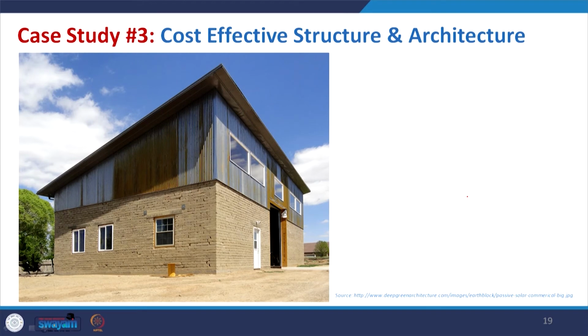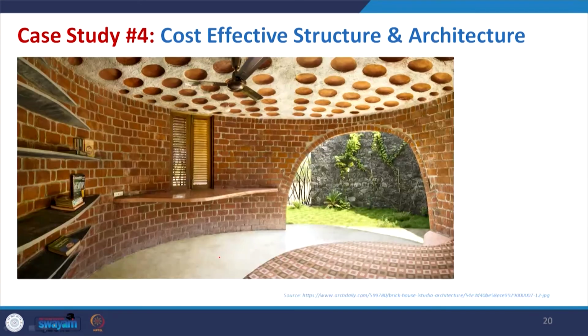Similar to that, like use of corrugated sheet or some steel and then compressed blocks. So, we can get a very beautiful architecture, and definitely we are not talking about high rise buildings where a mechanical system is required, but for one-story, two-story buildings, this kind of compressed mud block, fly ash brick or precast material can be used.